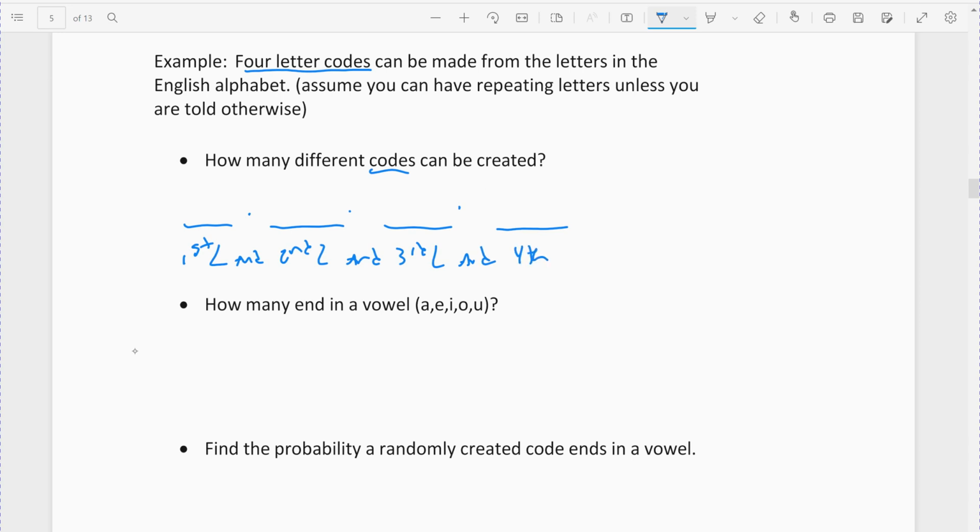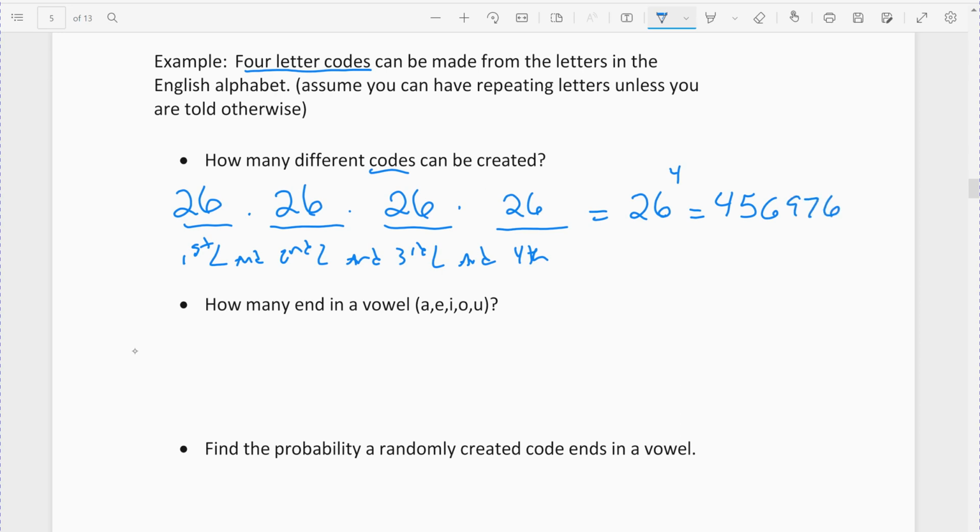Since we already know we're going to have to pick 4, it's always the "and," right? I pick the first and the second and the third and the fourth. Well, since we're allowed repeats for every single one of these picks, there are 26 possible letters I can choose from. Right? 26 for each of them. So 26 times itself, which you can shorthand to 26 to the 4th, or I'm going to actually find that number. It's a fairly large number.